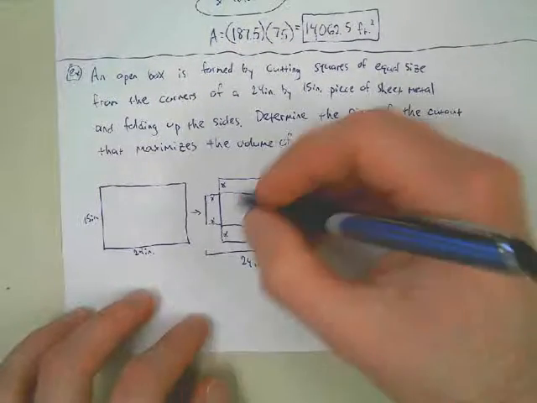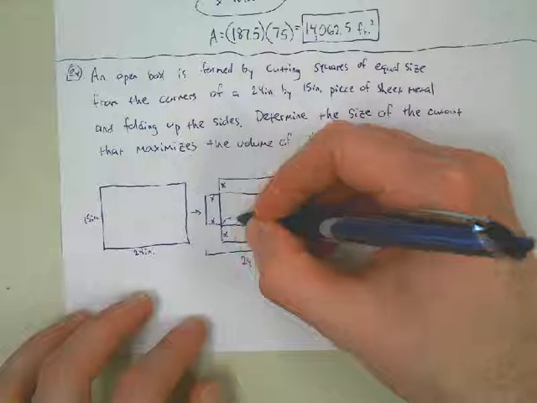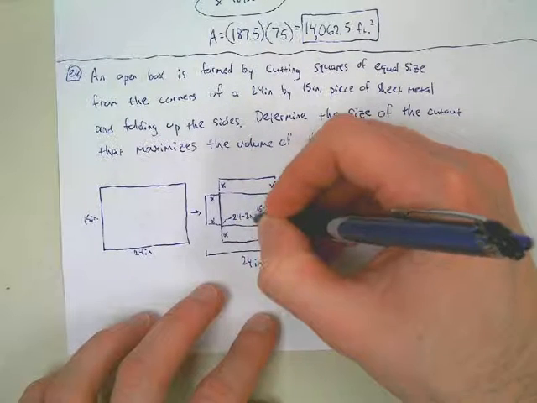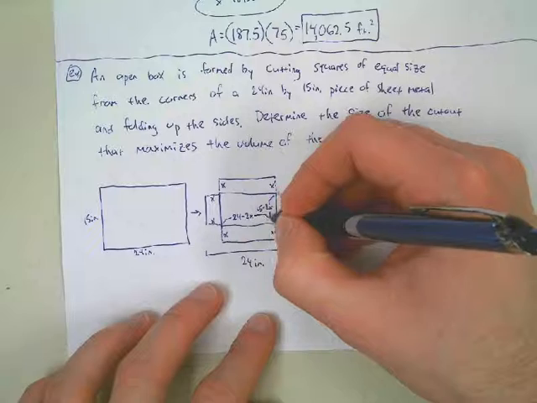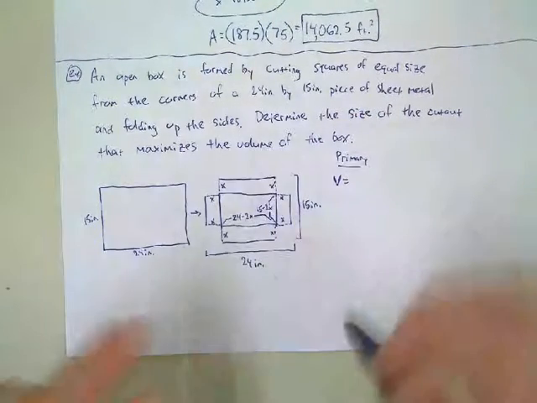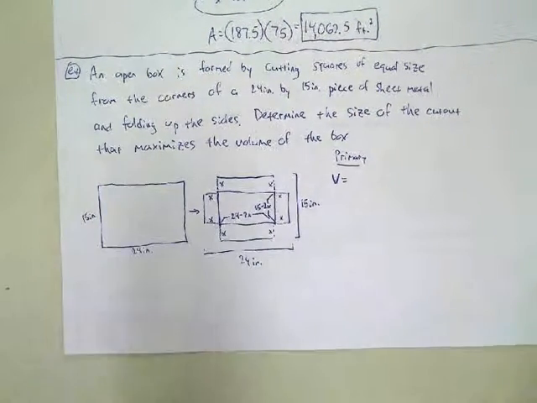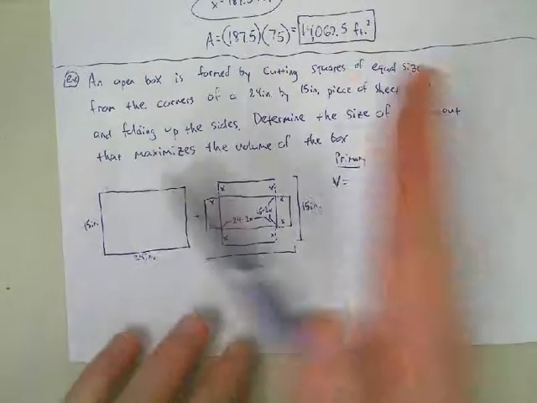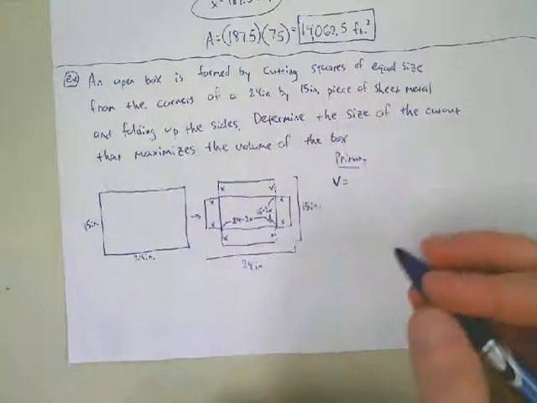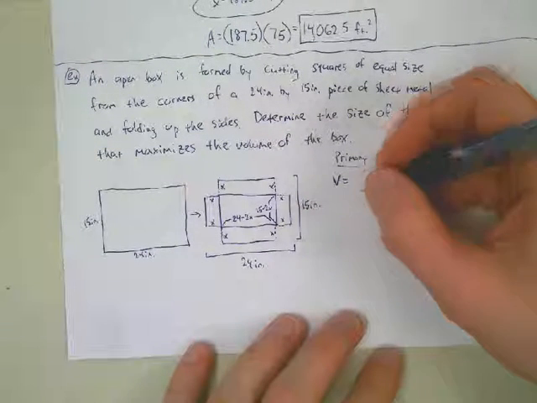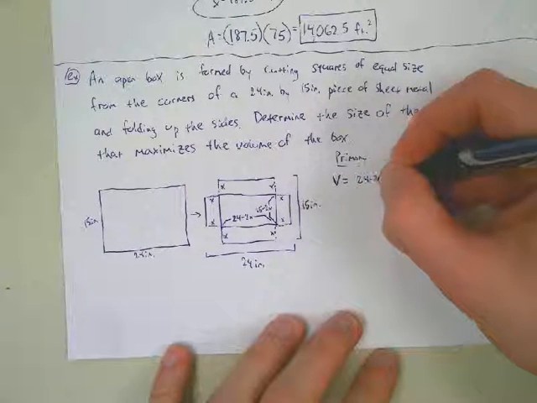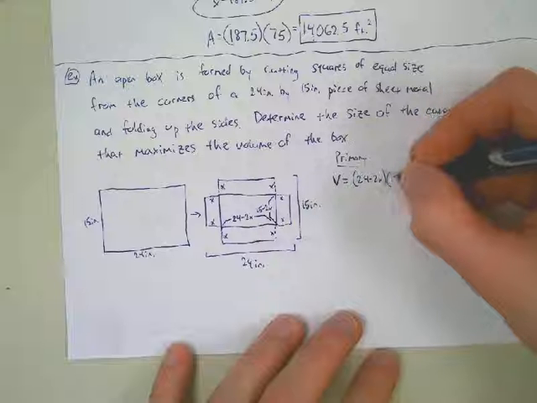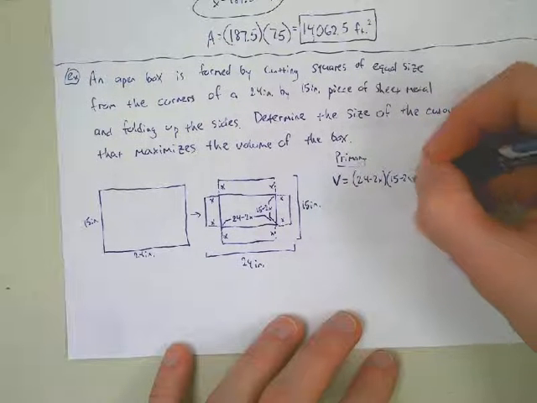And then our height will be x, because these cutouts fold up to create the height of our box. So it'll be base times height: 24 minus 2x times 15 minus 2x times the height, x.